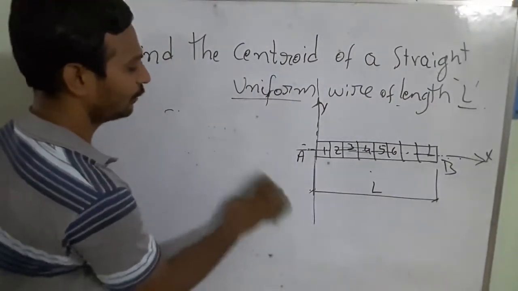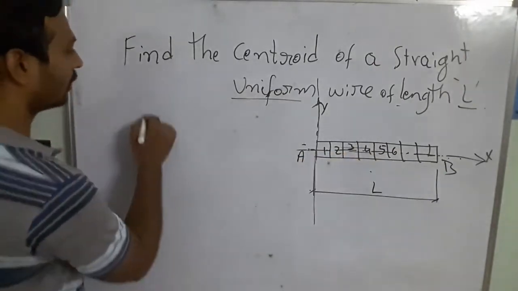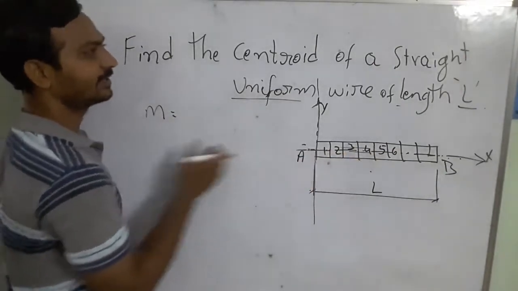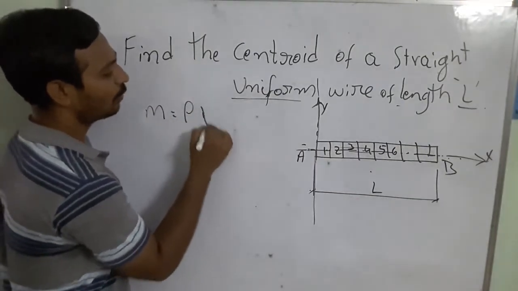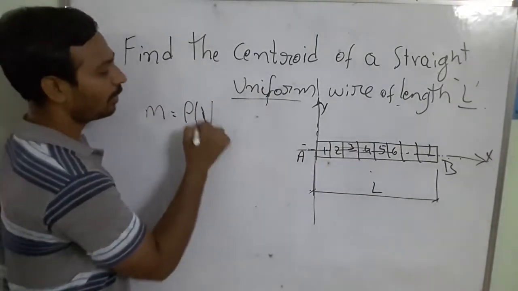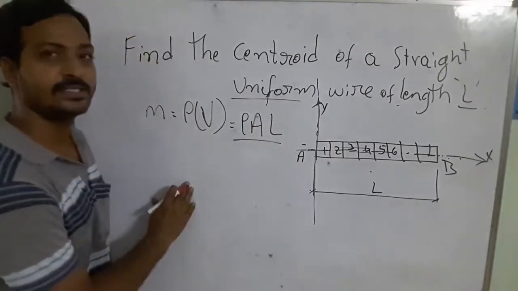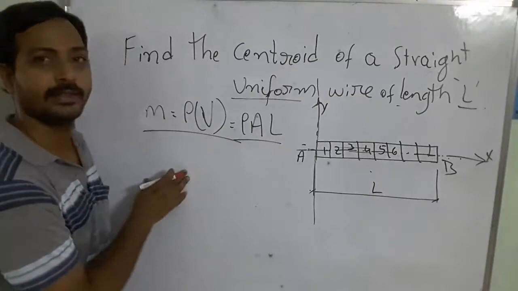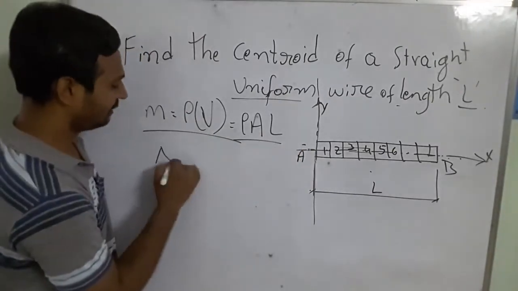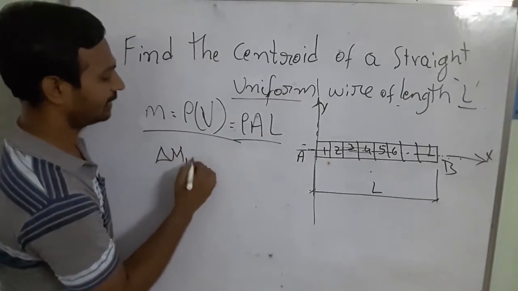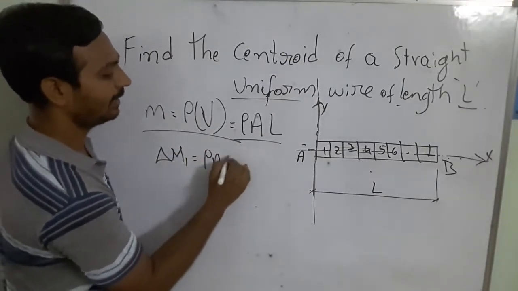So we need to take the mass. How do we find the mass for this one? The total mass of the straight line is rho into volume, and writing the volume as A L, the total mass is rho A L. Similarly, for the elemental strips, del M1 is rho A del L1.